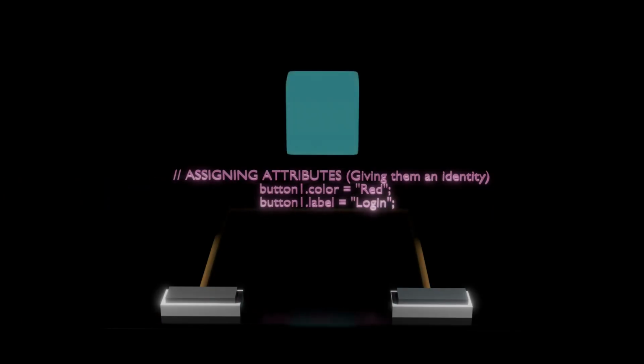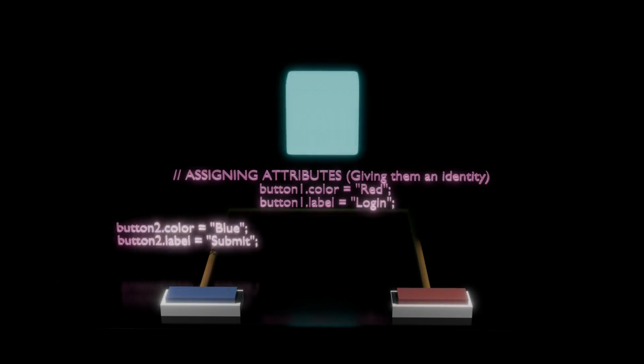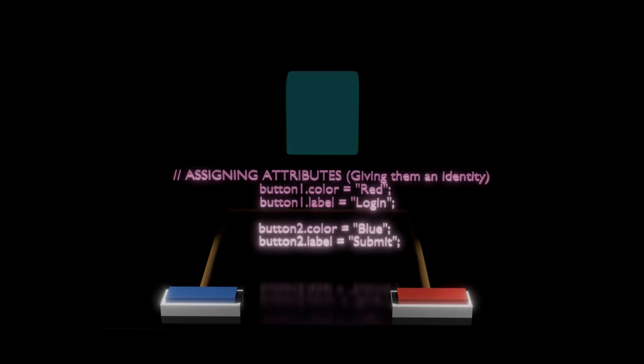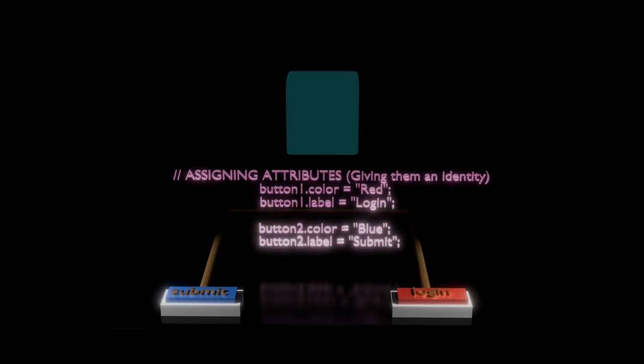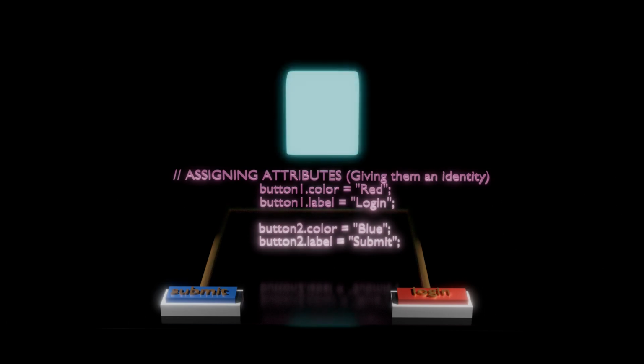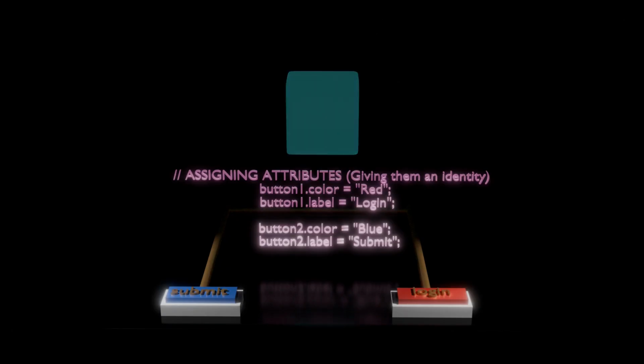Attributes are the data that describe our object. They are its adjectives. By assigning the red color and the text login to one button, we make it unique. We do the same with the other, making it blue. Same starting class, but completely different data.